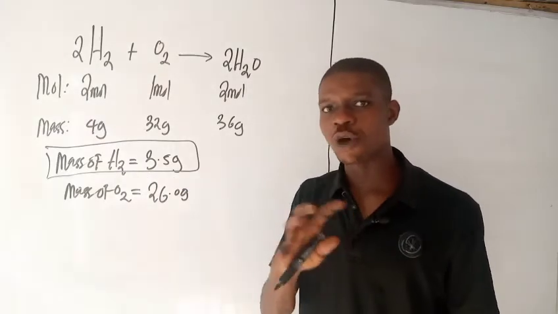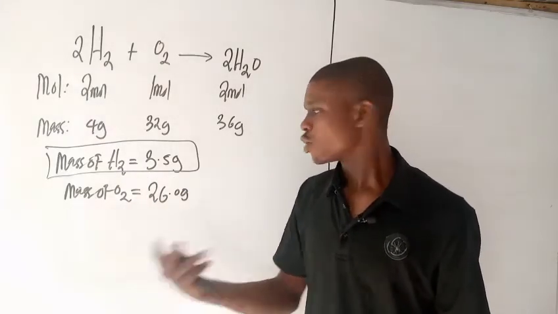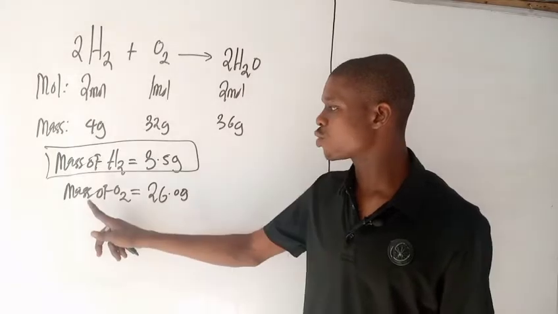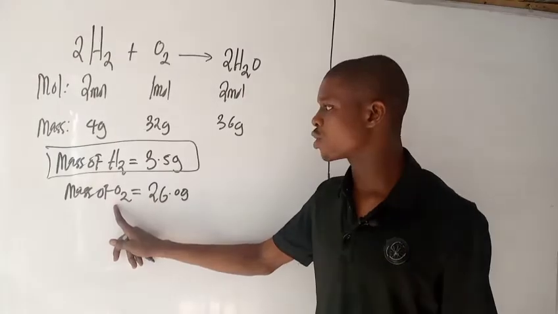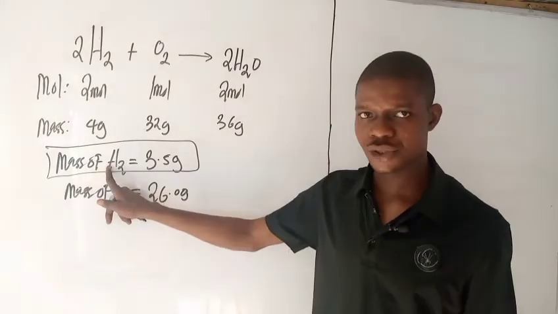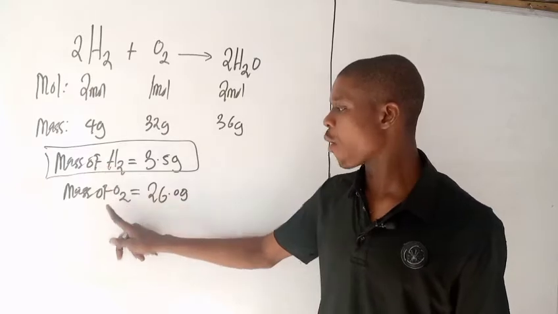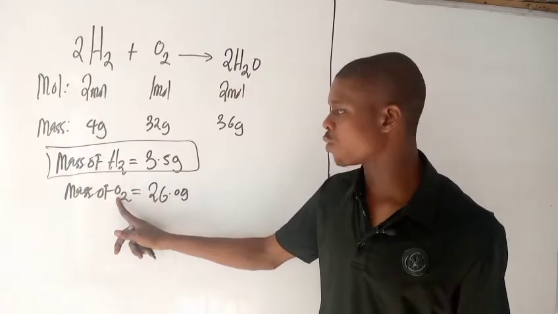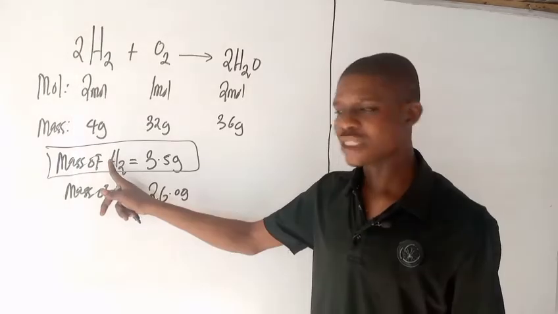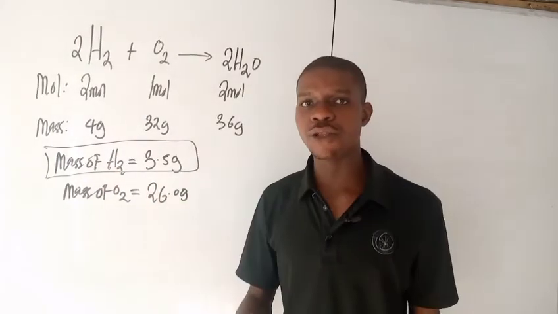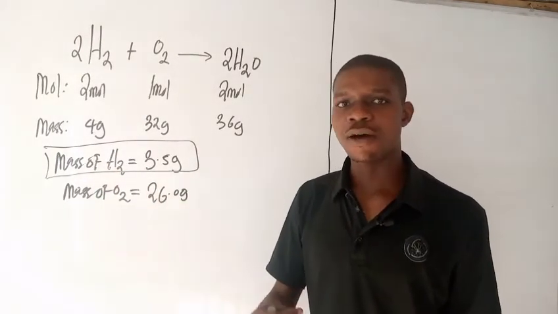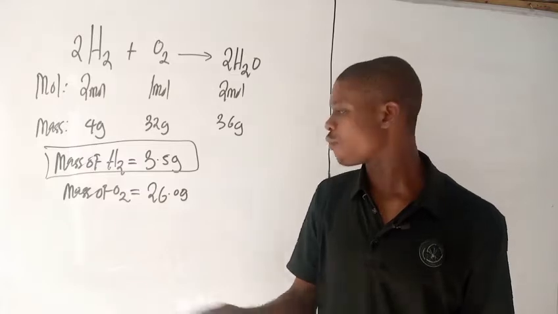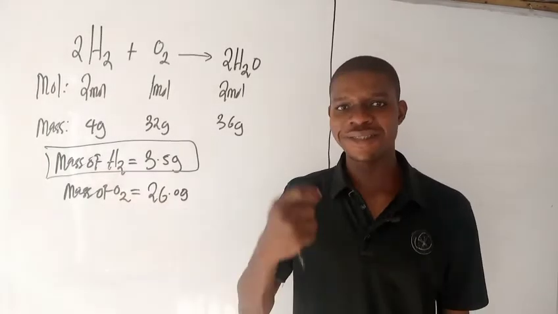Just some part of it reacted. So what I want to do now is use the mass of oxygen to calculate the mass of H2. That is when we now know the mass of hydrogen that actually participated in the reaction.